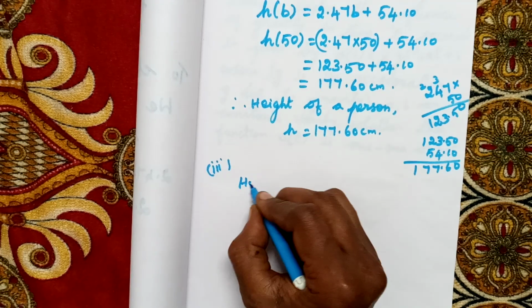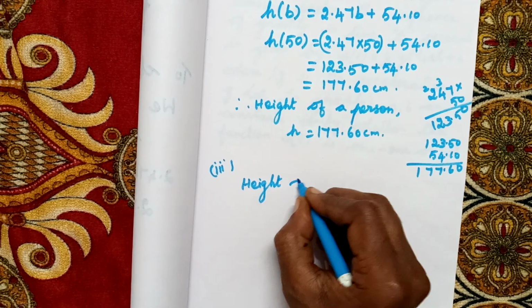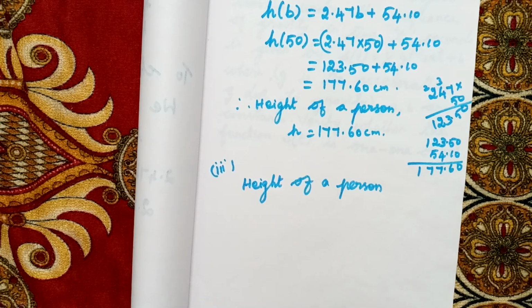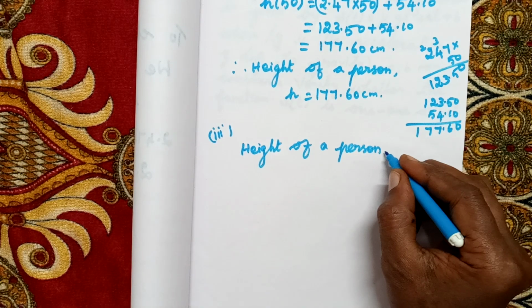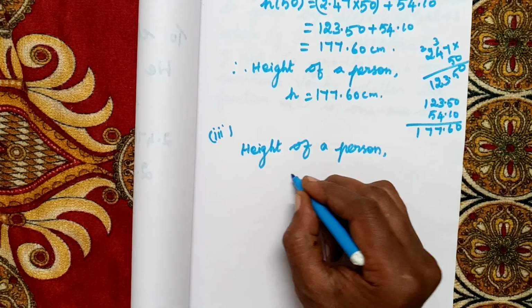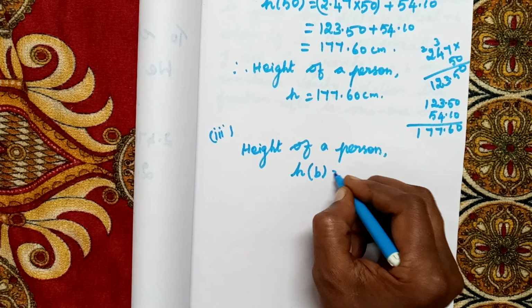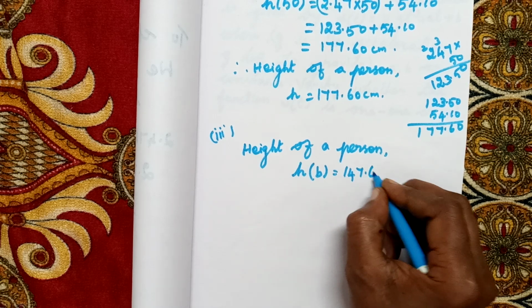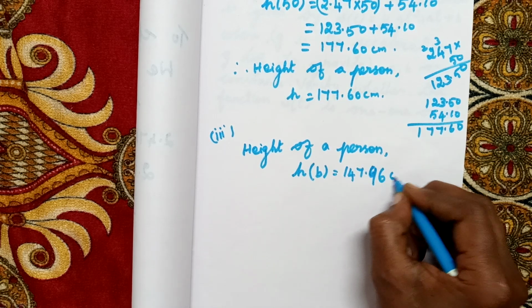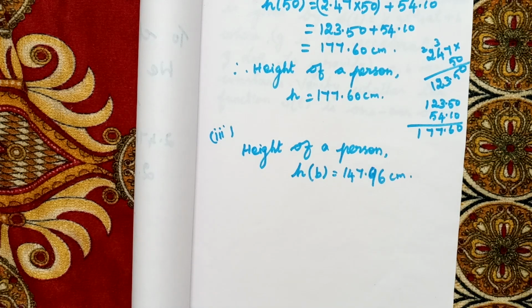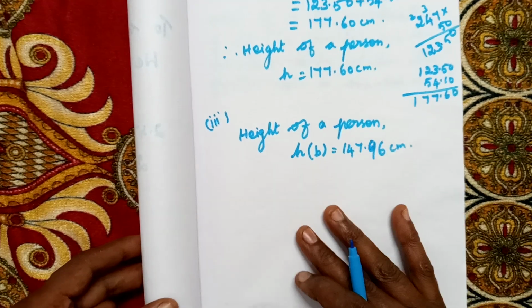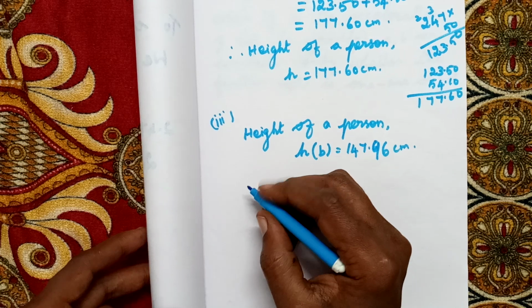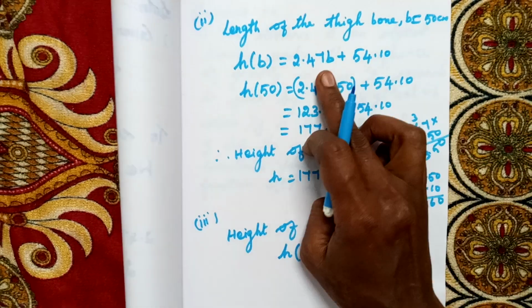Height of a person means h of b is equal to 147.96 centimeter. It is given.